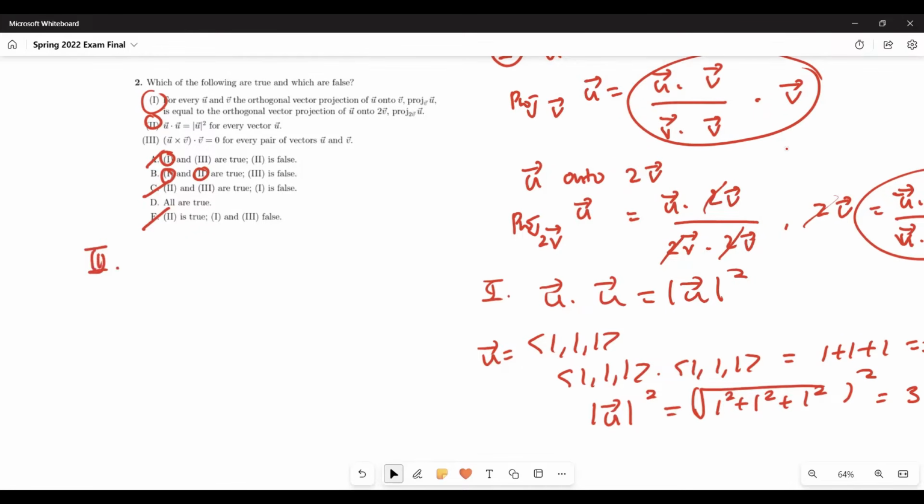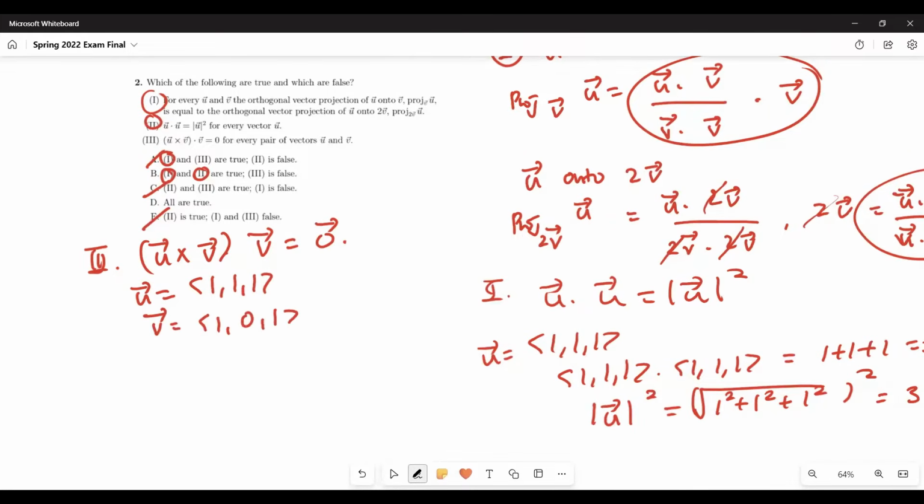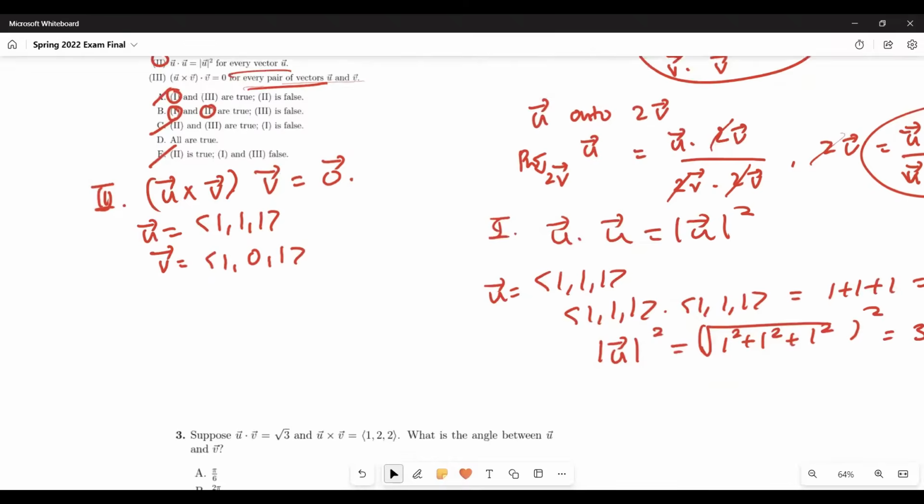So option 3, (u cross v) dot v is equal to 0. Okay. So if I just assume u is (1, 1, 1) and v is (1, 0, 1). We can do that because it's asking for every pair, so you can just assume anything.